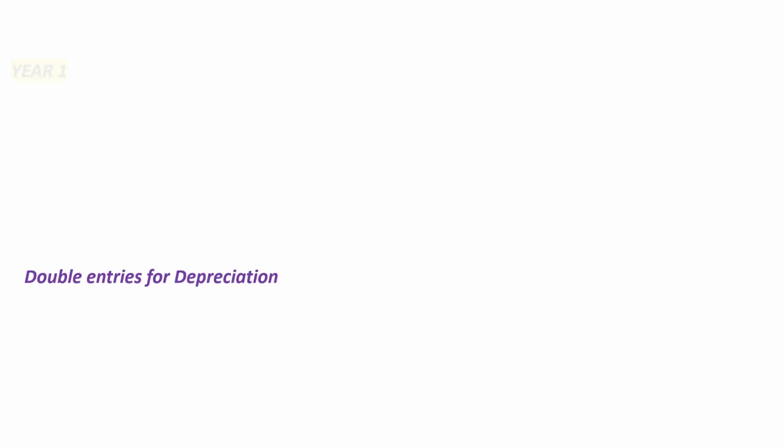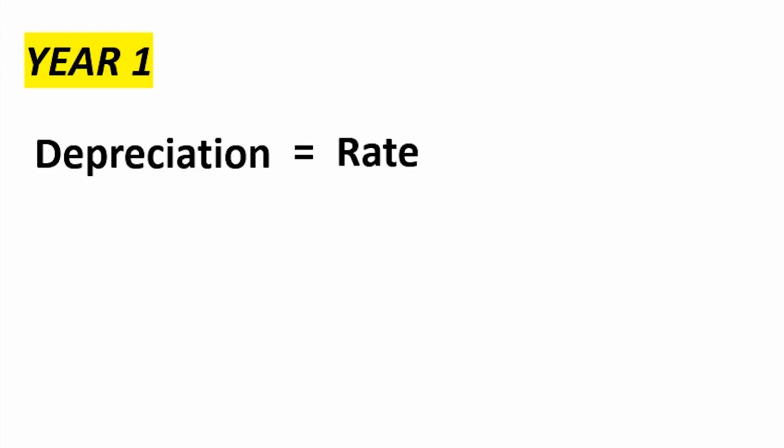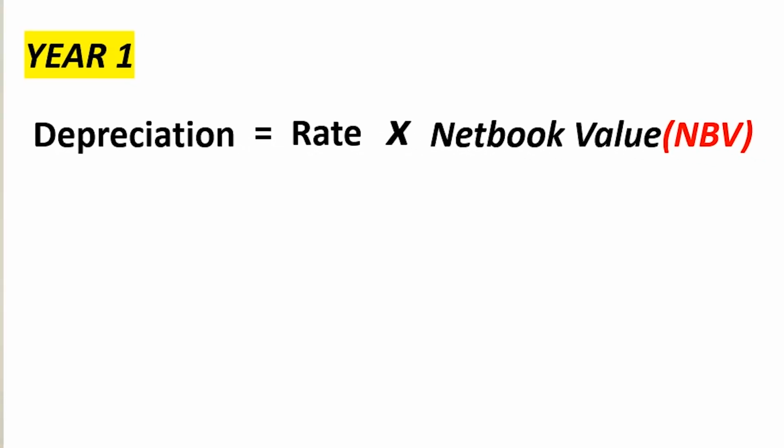In the first year, this asset was bought at 10,000. It's just the first year, it has not yet been depreciated at all. So if we're to find the net book value of that asset in the first year, it's going to be 10,000 minus accumulated depreciation, which in this case is 0.